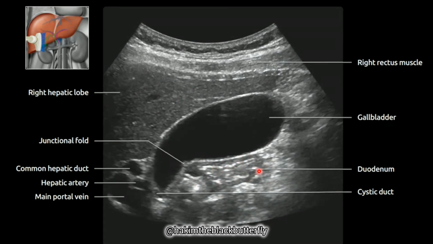You know that usually the different parts of the intestines are going to contain a bit of gas, and that's why it's going to be appearing like that, with some shadowing posteriorly. So this is your duodenum there. That's the wall of the duodenum, and it's present posterior to the gallbladder.